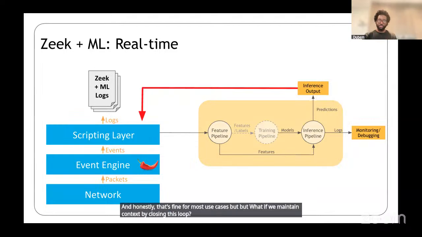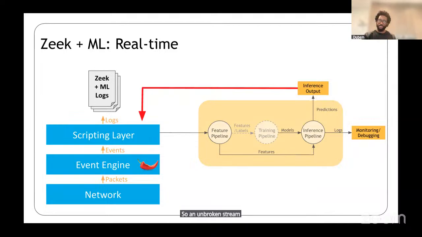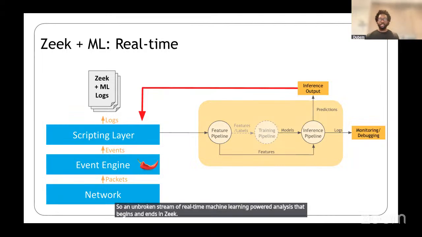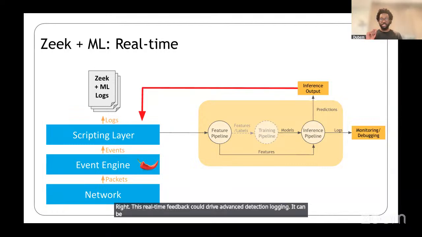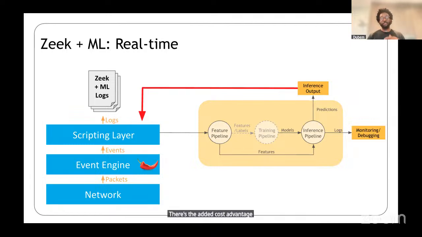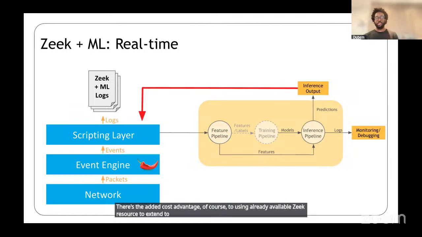So an unbroken stream of real-time machine learning powered analysis that begins and ends in Zeek, right? This real-time feedback could drive advanced detection logging. It can be used to enrich existing Zeek logs and also to raise targeted notices. There's the added cost advantage, of course, to using already available Zeek resource to extend to machine learning inference.